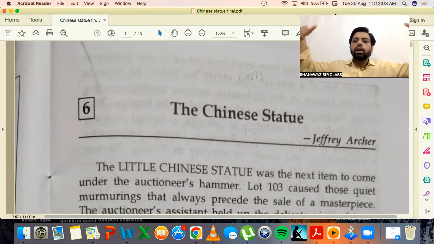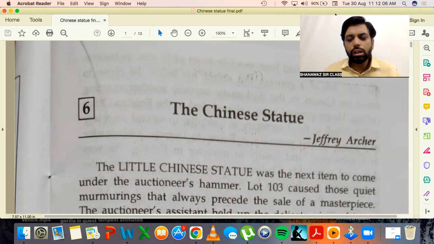Where is it from, whose is it, since when did it come. So the author says normally this happens that if that item is sold by a very famous person, but he does not want to declare that he is selling it because it's a family heirloom, the name of that person is normally not mentioned in the auction house.